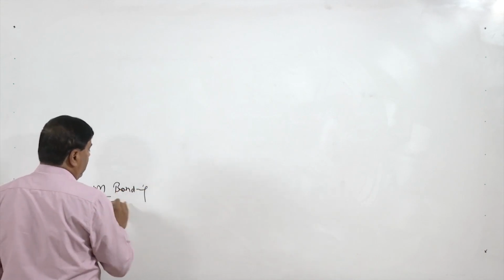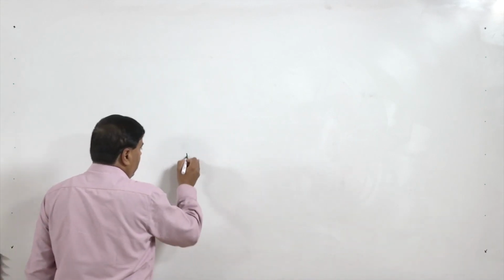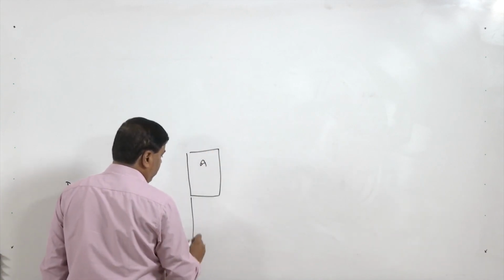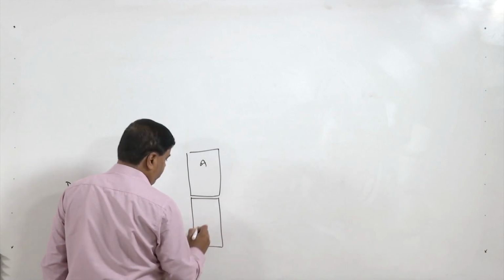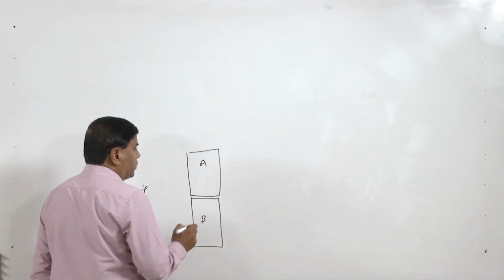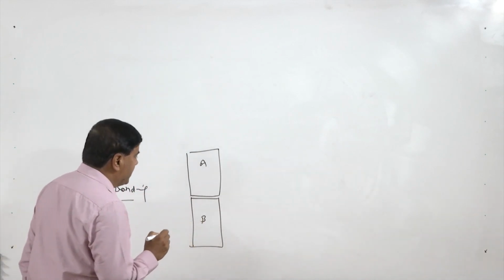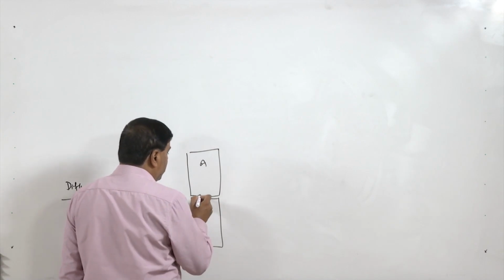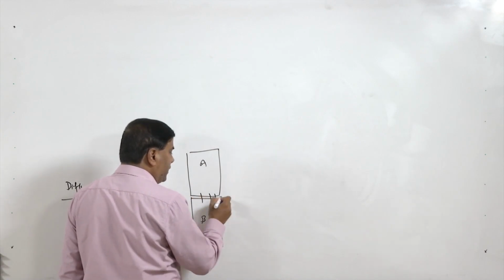Say on one side we have system A, on another side we have system B and the two are to be joined. So, the joining will be facilitated through the diffusion across the interface.